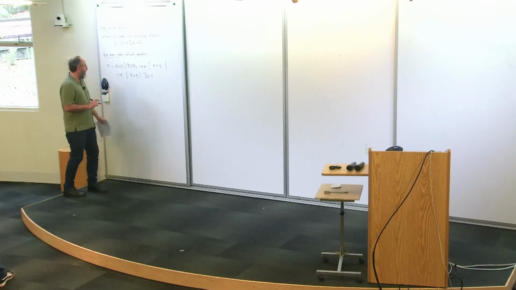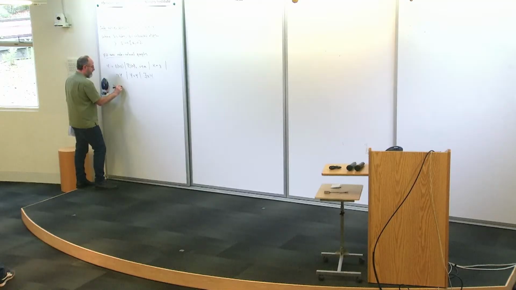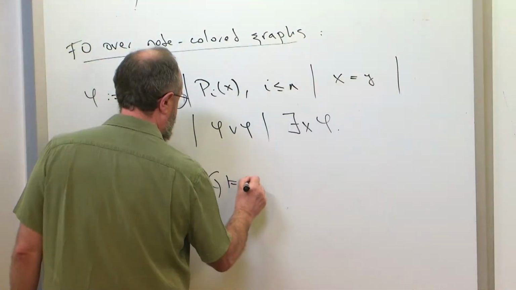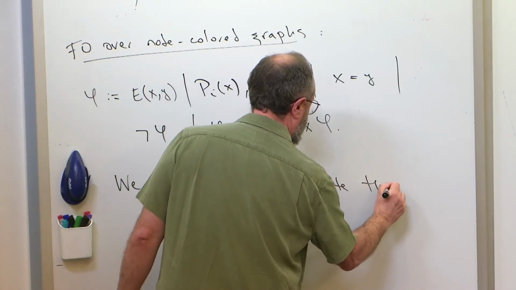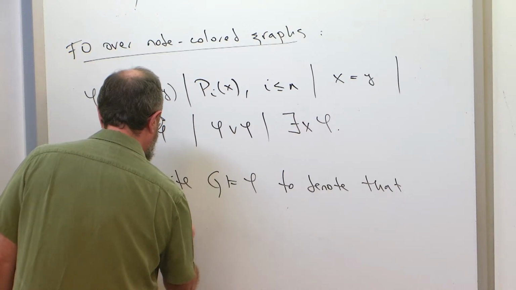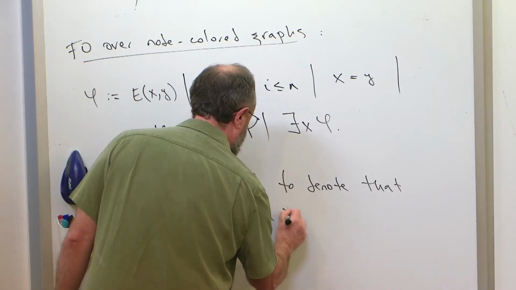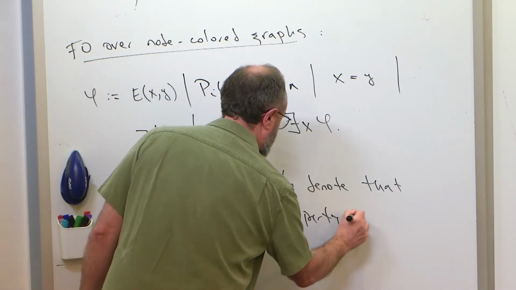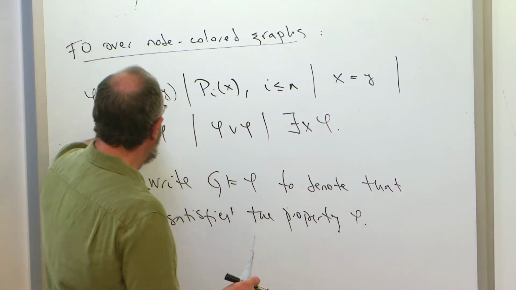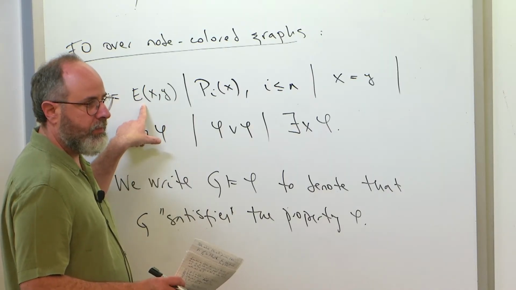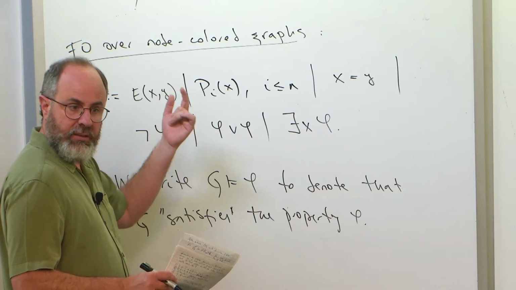So we will write G satisfies phi to denote that the node-colored graph G satisfies the property phi. Let's look at this syntax here. You can have formulas that have free variables.